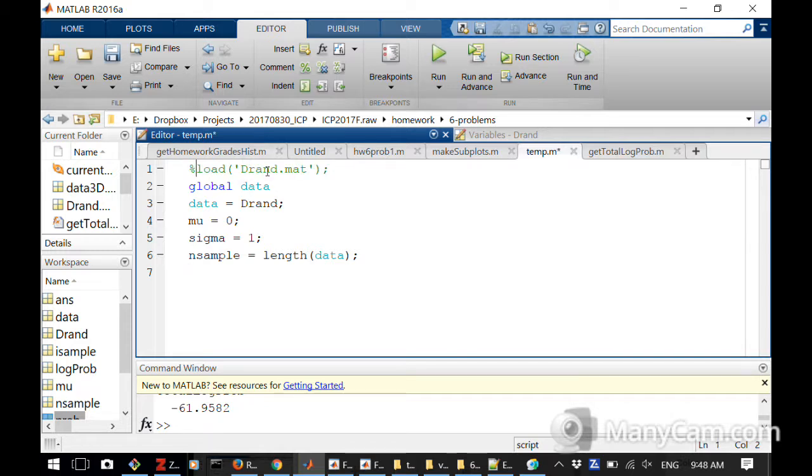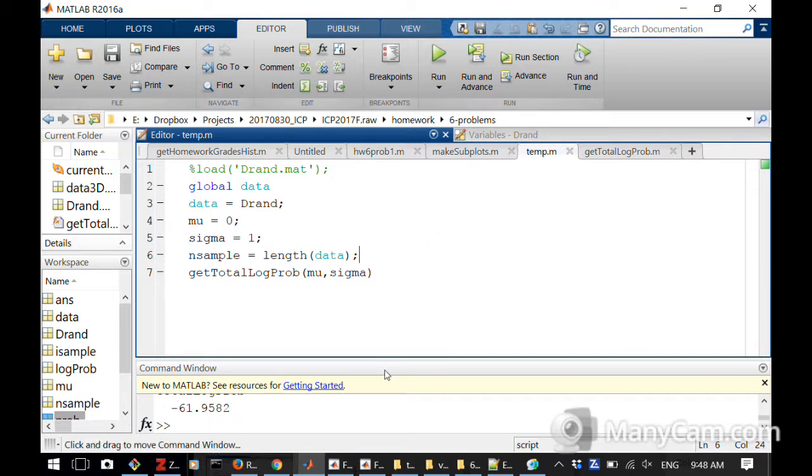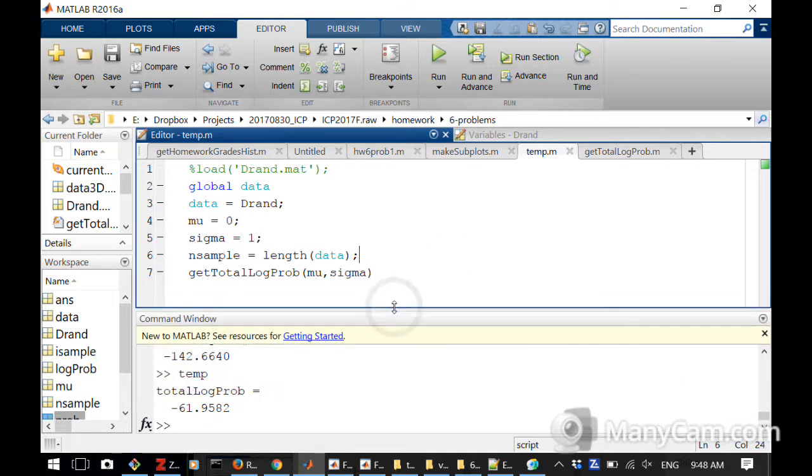Once I have this data set, I'm going to skip reading it every time, right? So now I say get total log prob with this mu and sigma. Now if I run this, it will calculate the probability and give it to me.